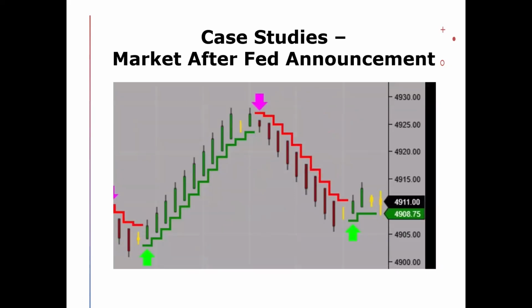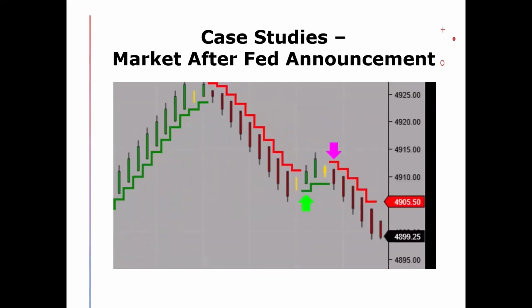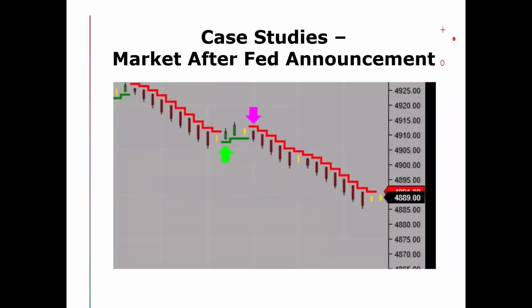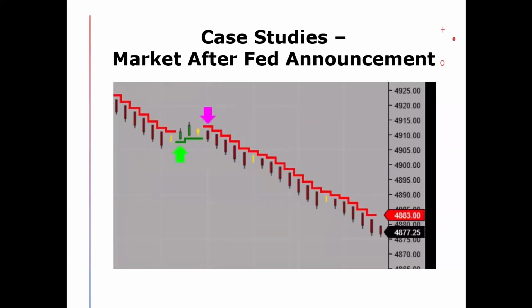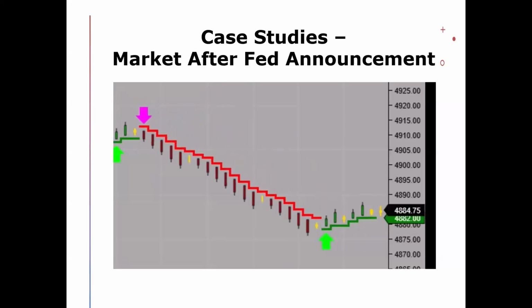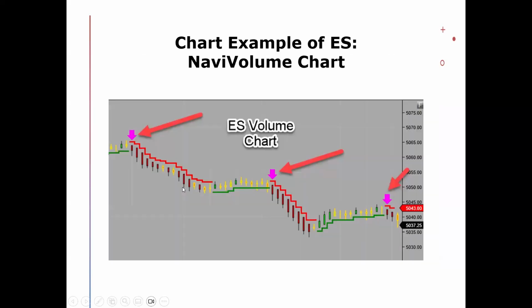Markets are typically pretty crazy, but you can actually trade after a Fed announcement off of these charts. The market usually makes some huge moves after a Fed announcement, and even then the chart did a really nice job of showing you where you need to be in terms of direction.